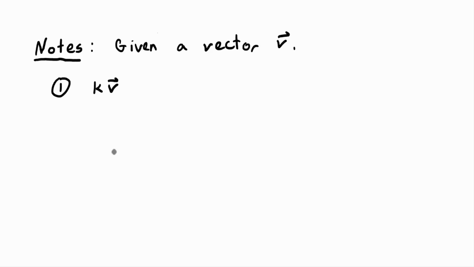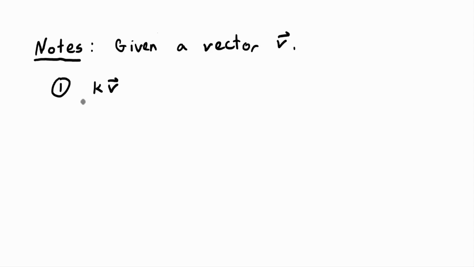So we're assuming K is a constant. K times V is a vector that is, let's say, absolute value of K times as long as V. And if K is positive, then K times V will point in the same direction as V. And if K is negative, it'll point 180 degrees from that. It'll point in the opposite direction.